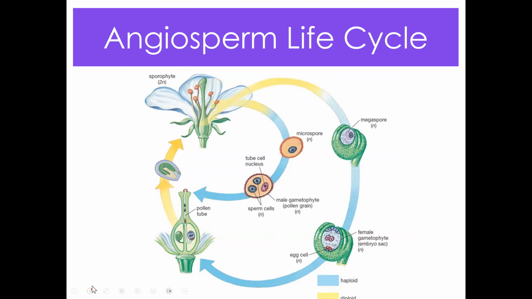And so again, we can see a life cycle here for an angiosperm. So we have release of spores between two different sexes in a haploid form, eventually becoming diploid when they do produce and fertilize.